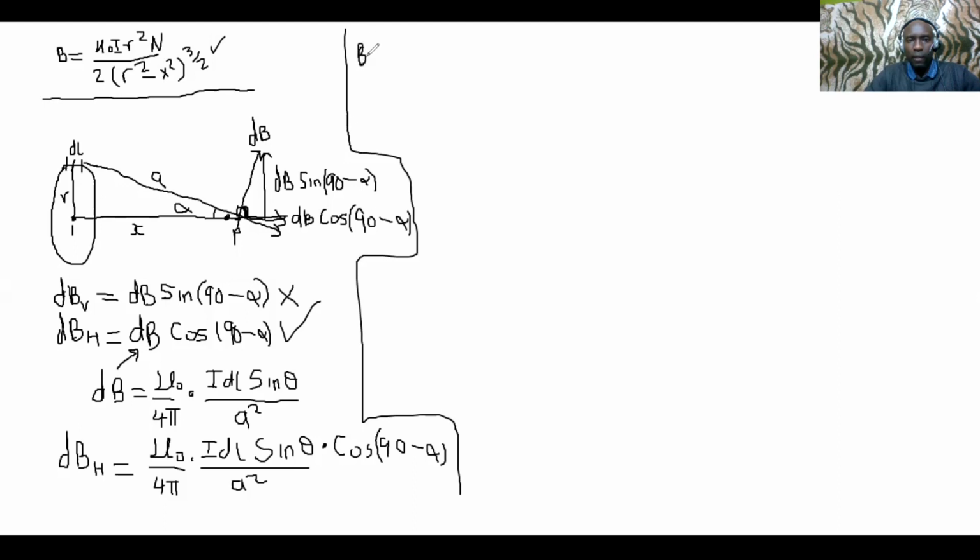We may write cos of 90 minus alpha as cos of 90 cos of alpha plus sine of 90 sine of alpha.